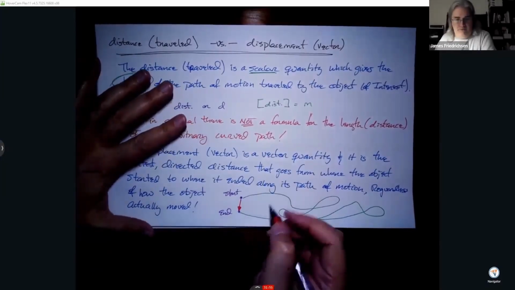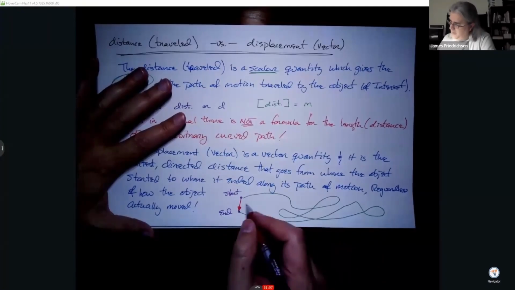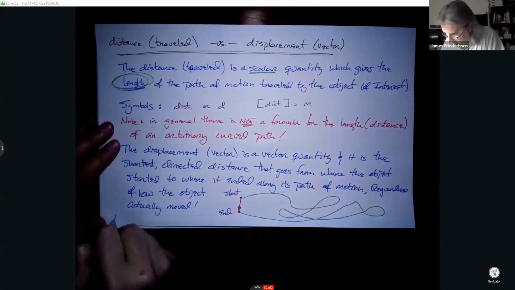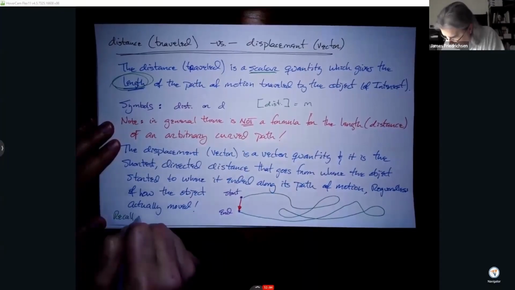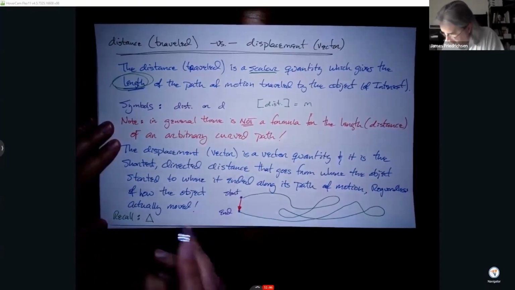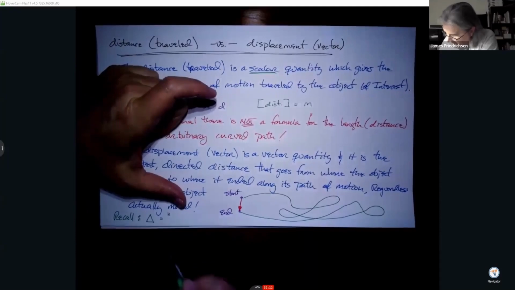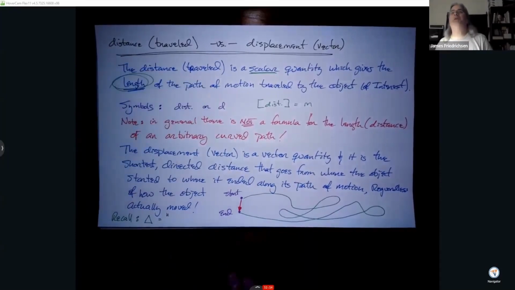And so how we will denote this displacement is we're going to use a little symbol that is the Greek letter delta. How do we interpret delta? I know you know what it means mathematically.